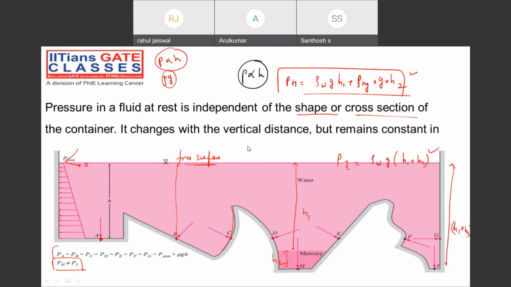I'm going to take just the last 2 minutes and solve a numerical that is a very good numerical. Some of you might be thinking that these are very simple things, but this is not a very simple thing. You will come to know very soon. Done? Can I move to the last slides?